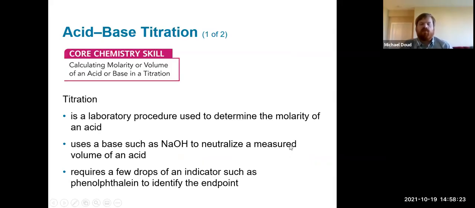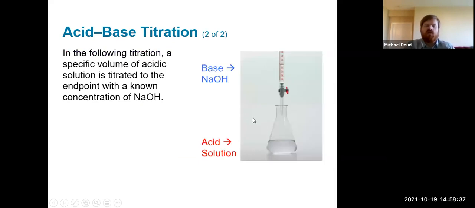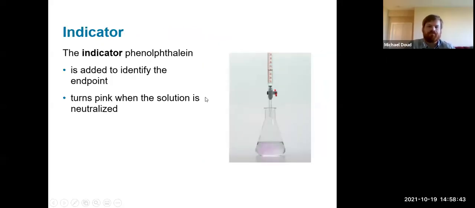Okay. Finally, titration. Now, this is what we did in class, in lab, so we're not going to spend too much time on it in lecture here. Again, note that titration is a laboratory procedure, and it's really useful for determining the molarity of an acid, or you could potentially determine the concentration of a base as well.